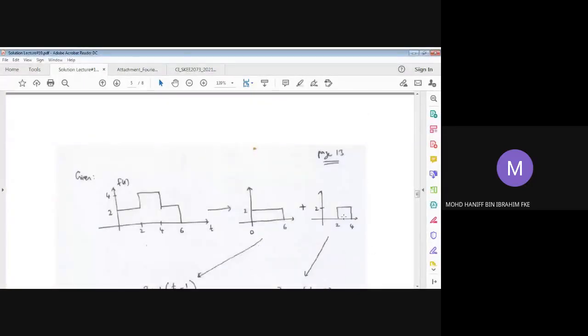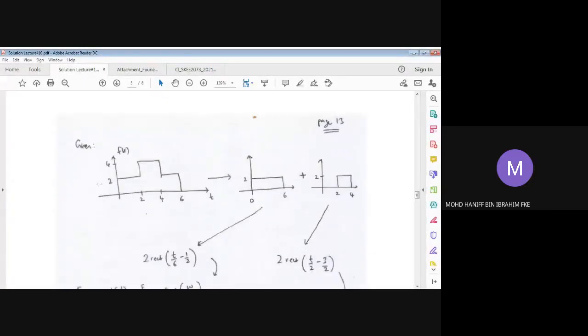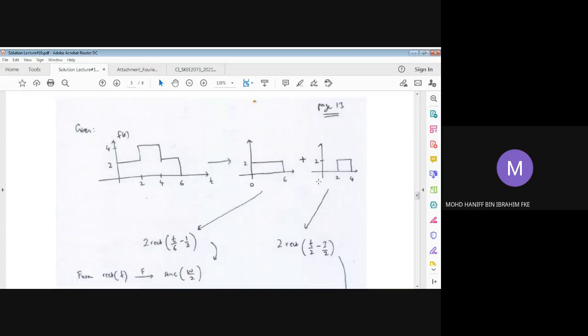So this is the case where we have these signals here. As I told you in the lecture just now, it is basically an addition of two signals. The first one is a rectangular function with duration from 0 to 6 and amplitude of 2. The second one is a rectangular function from 2 to 4 with the same amplitude of 2. The thing we have to do now is to obtain the equation in time domain for both signals, signal number 1 and signal number 2.